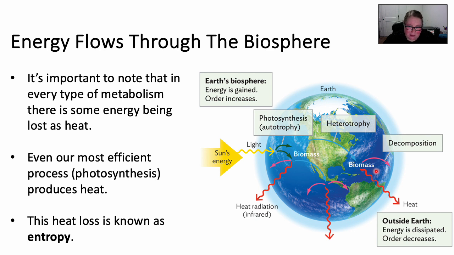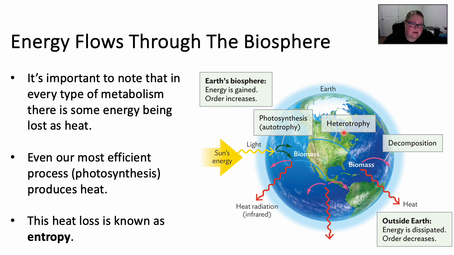We also make biomass. Then there's a third category called decomposers, which take the dead organic matter and use it to make energy, and it just flows through the system. This is a good graphic to know and understand.